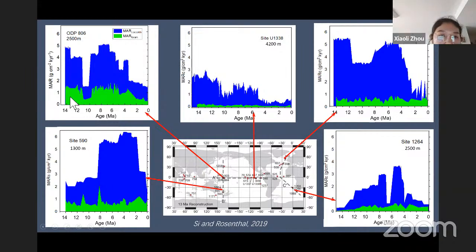For each figure, we observe that the MAR in the mid-Miocene was much higher than in the Pleistocene. Although we can see some variations there, the general trend still holds. And most of the change is driven by the coccoliths rather than foram. But I will not dig into that detail here.